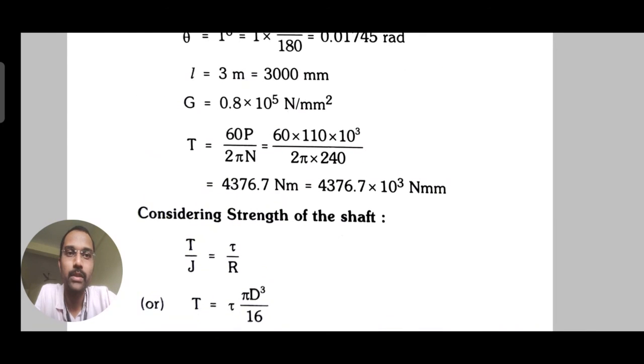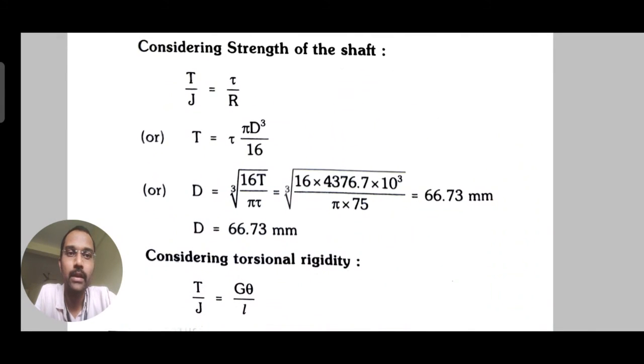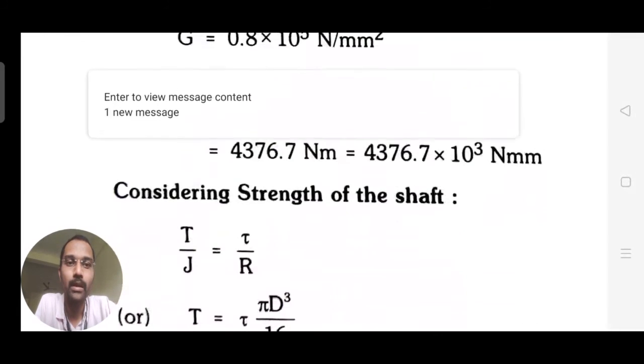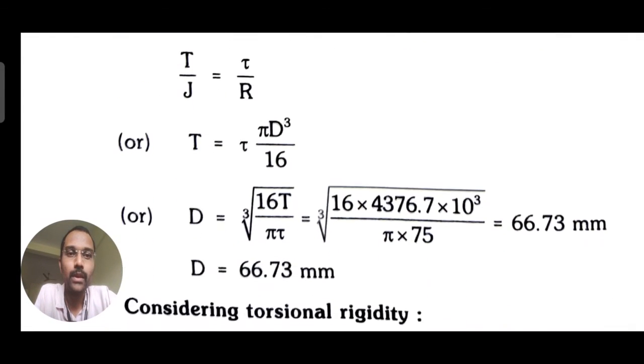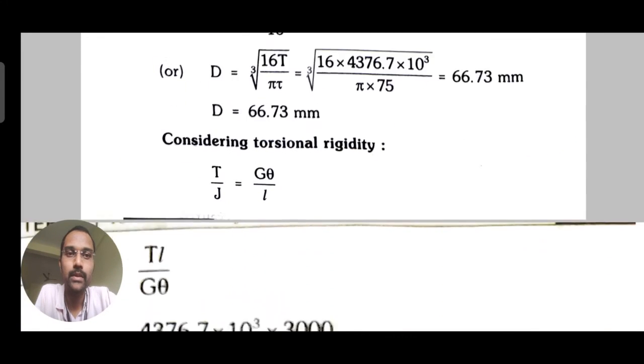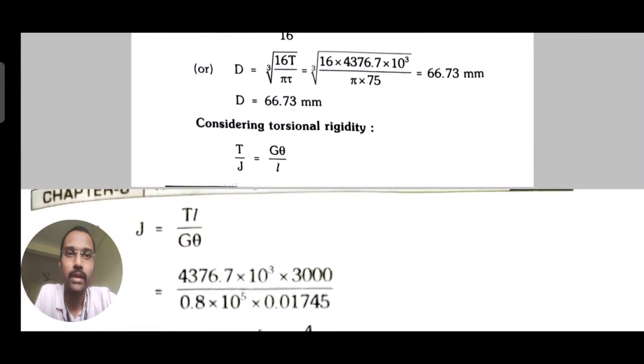Substituting here pi and tau as 75, the shear stress already mentioned in the problem, finally you get the d value as 66.73. Okay, that is one case.